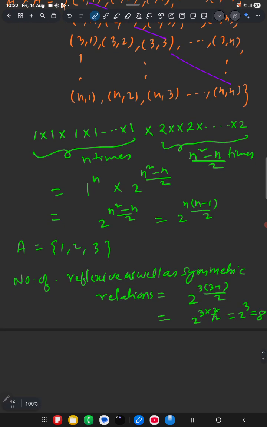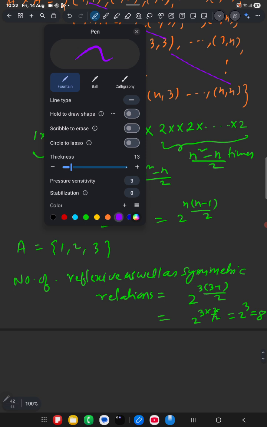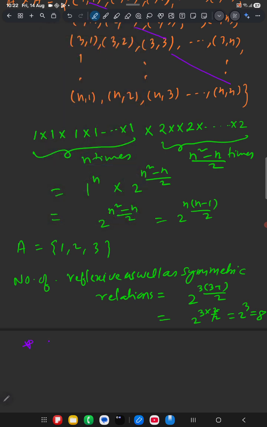Again I am repeating that till now we have not got a formula for transitive relations.